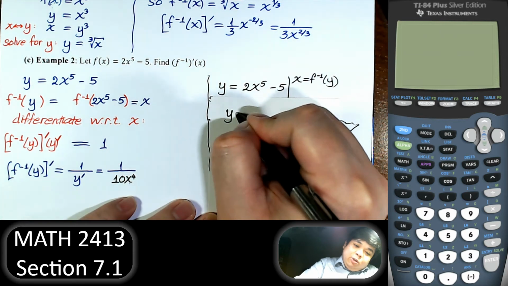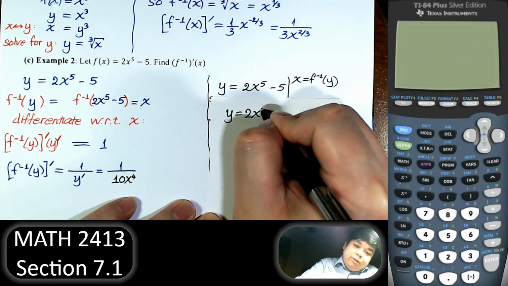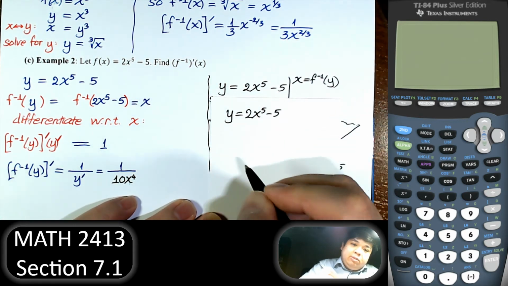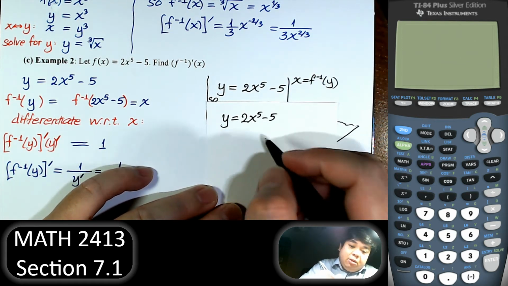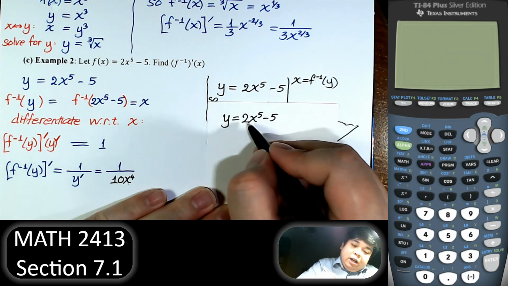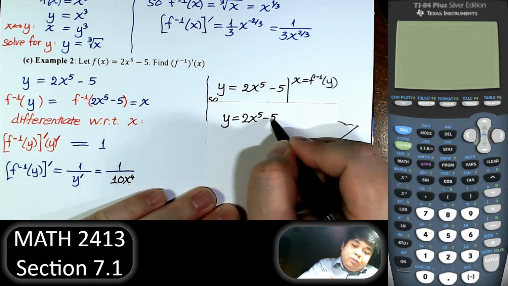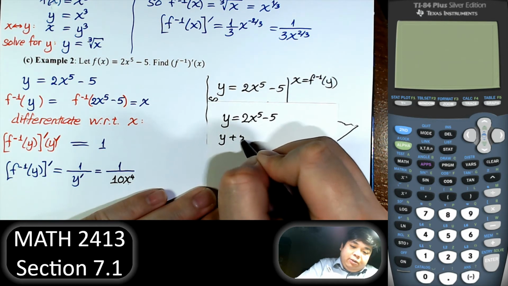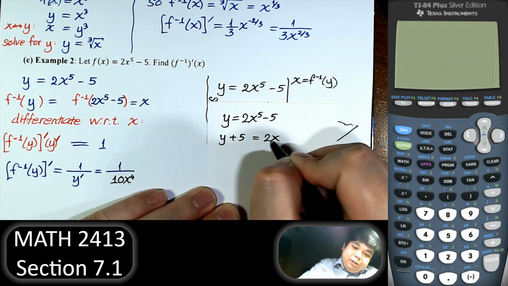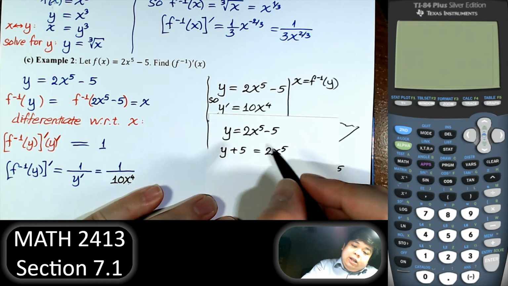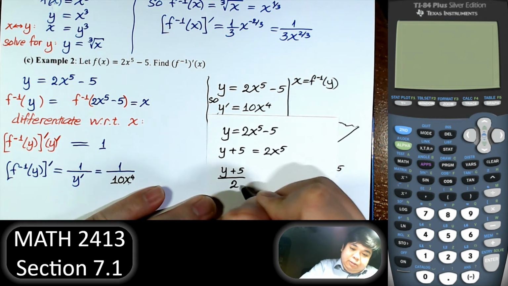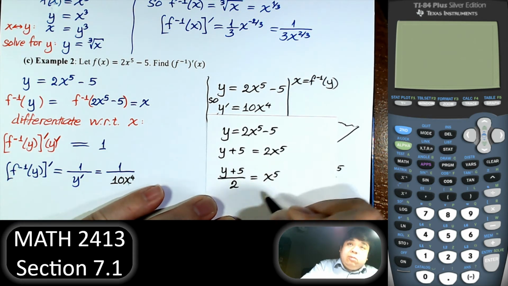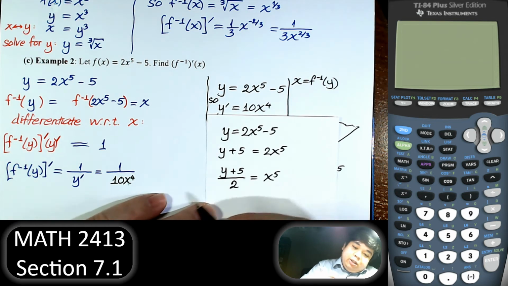We have y equal to 2x to the fifth minus 5. Now we just need to write x in terms of y. So again, y plus 5, and then divide by 2, and then take the fifth root.